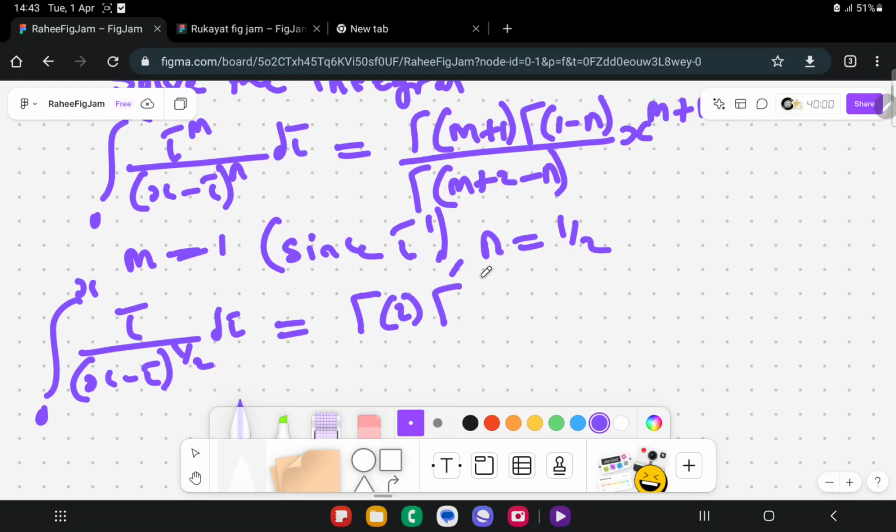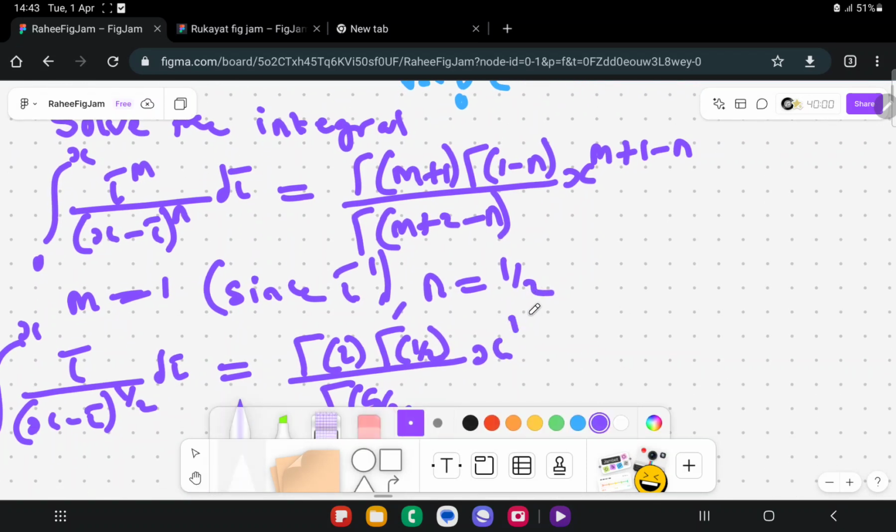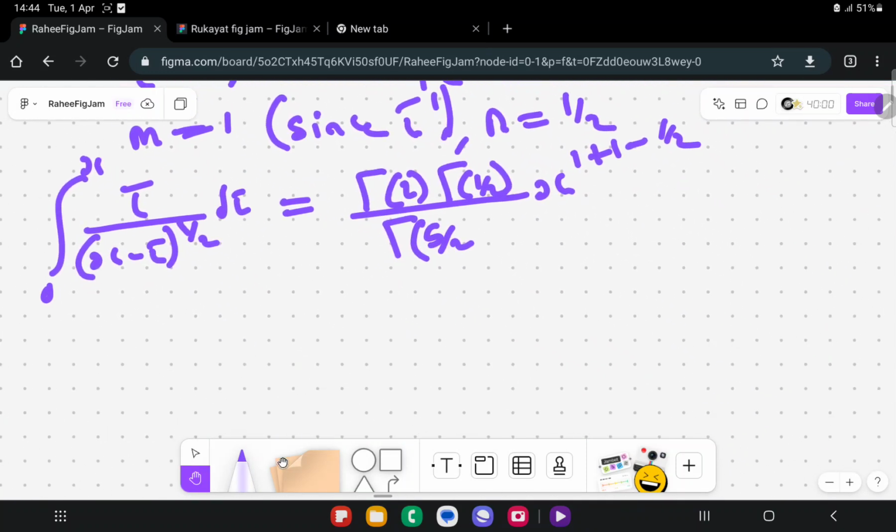Our n is half, so 1 minus half still gives us half. So we now have gamma of 5 over 2. Then we have x raised to power, simply substituting our values, m plus 1 minus n, which is 3 over 2. So take note of that.